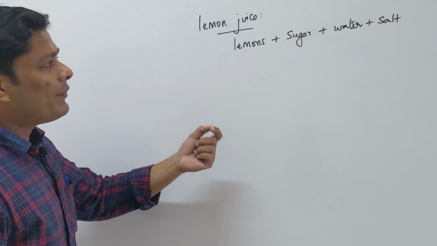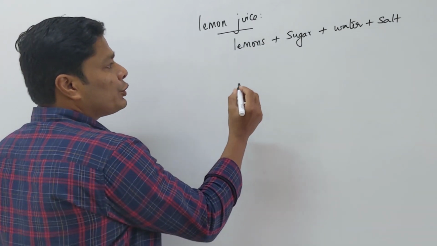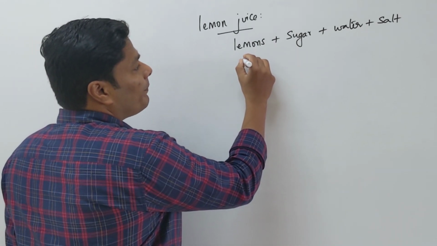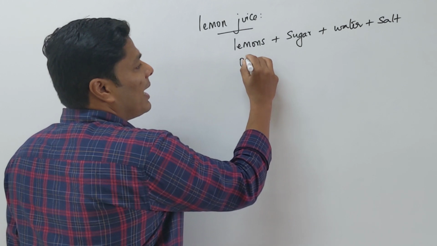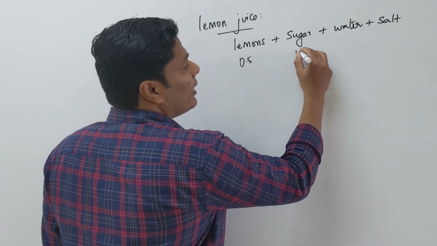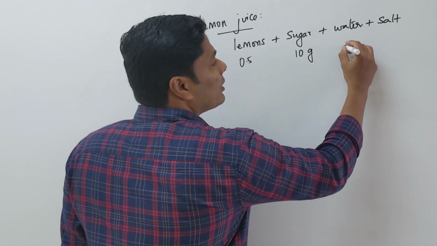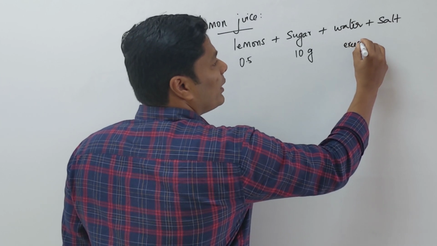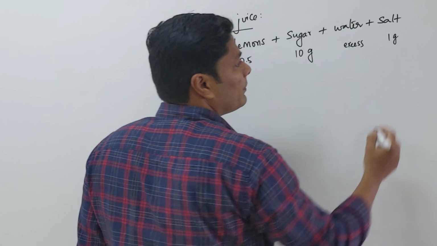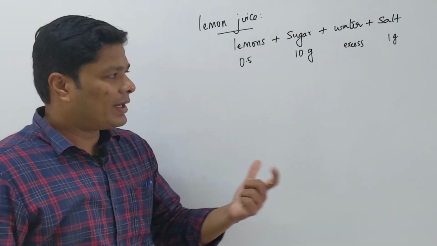For the sake of simplicity, let's say one lemon juice should have half a lemon, 10 grams of sugar, and 1 gram of salt. Water is in excess, so we don't have to worry, we always have a lot of water at home. If I mix these, I get 1 cup of lemon juice for a guest maybe.